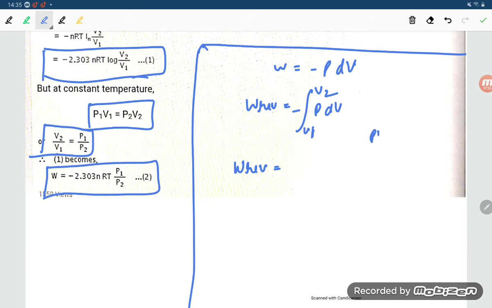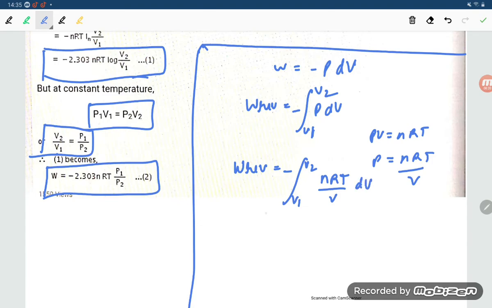So PV is equal to nRT, we know. So P is equal to nRT by V. So here we will be able to write negative sign, integral from V1 to V2, nRT by V and dV. Okay, so here is the integration sign. V1 and V2, and nRT are common.